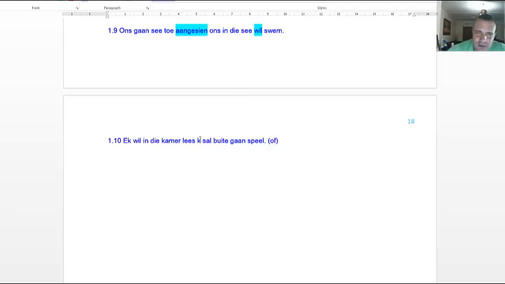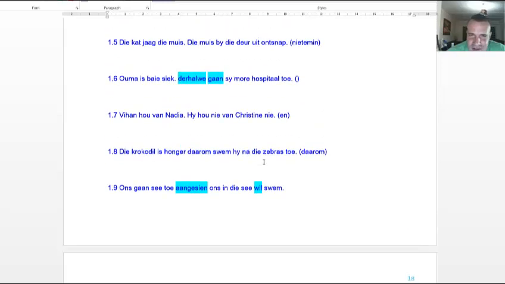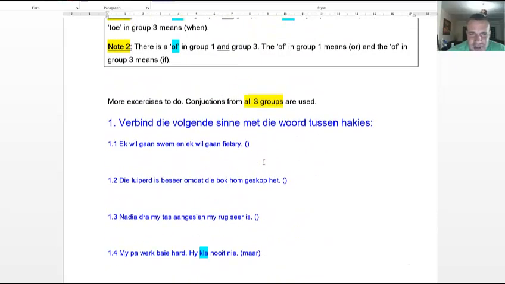Look at that. Okay, I almost fell into that trap there. So that's the off axle. So no change in the word order. Okay, so that's the group 1 off. It's not the group 3 off. Alright, so there are some little tricky ones to this. Alright, so don't get confused.